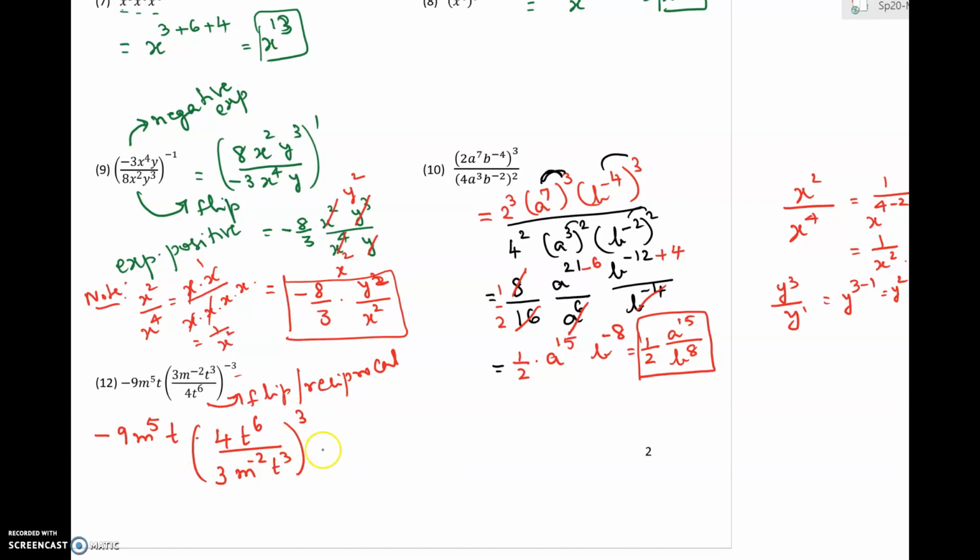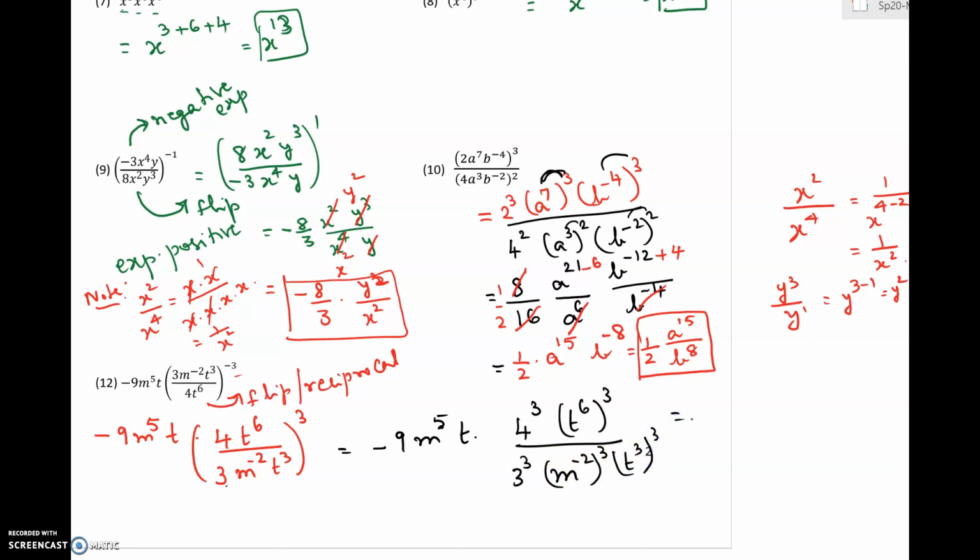So it will be negative 9 m to the power 5t. Then raise everything to the power 3. So it is 4 cubed, t to the power 6 to the power 3, divided by 3 cubed. Everything is raised to the power 3, keep in mind. Negative 2 to the power 3, then t cubed to the power 3.